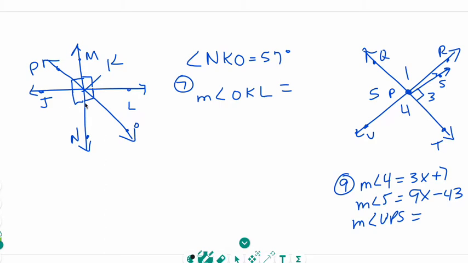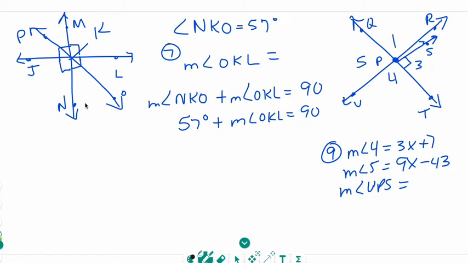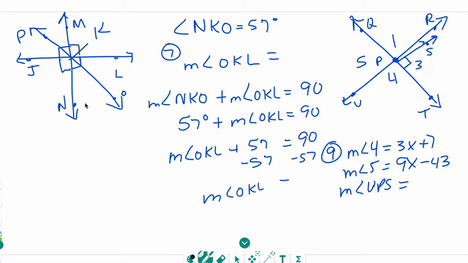So angle NKO plus the measure of OKL is equal to 90. We're going to go ahead and do our substitution. The measure of OKL plus 57 is equal to 90. Zero pair out the 57. So the measure of OKL is going to be 33 degrees.